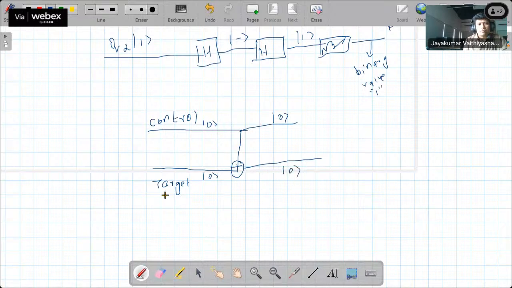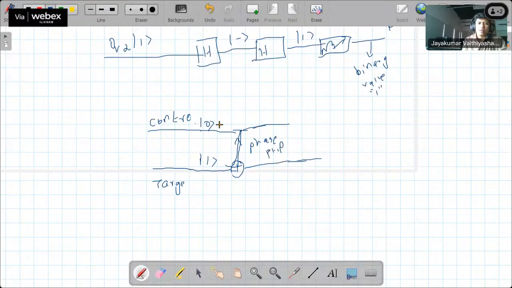Suppose we have state 1, and the other is state 0, what will you get at the output? 0, 1, but it will introduce a phase flip, which is a global change.